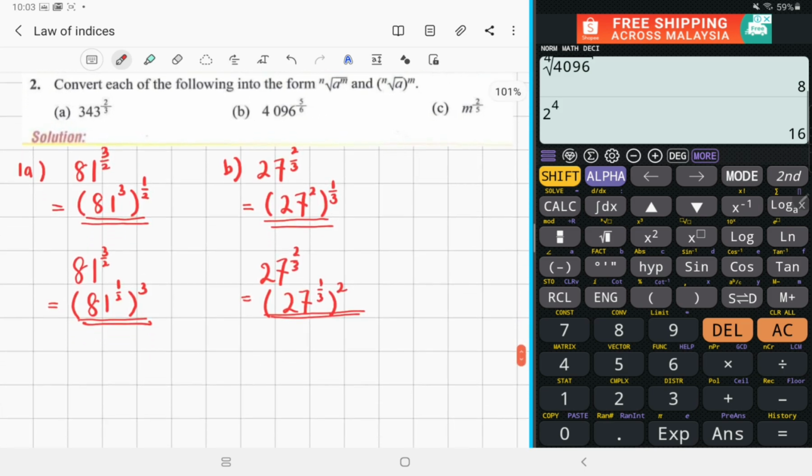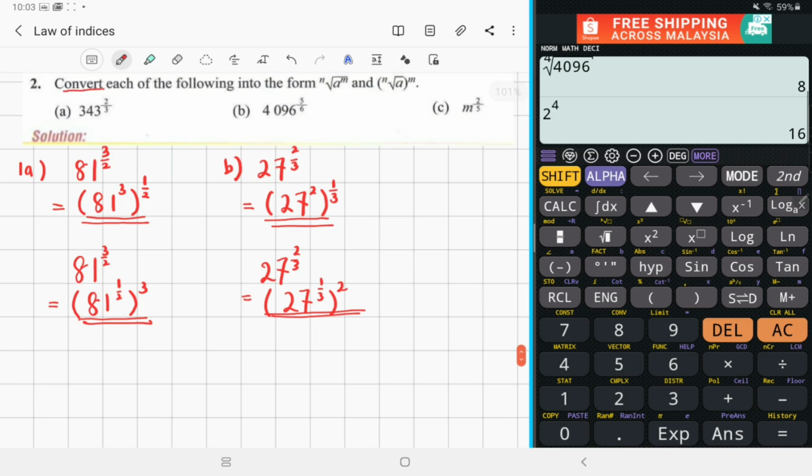If we try question 2, you have to convert in the form of nth roots. So question 2A, 343 to the power of 2 over 3. It can be written in the form of nth root, so you take the denominator. So this one is the cube root of 343 to the power of 2.